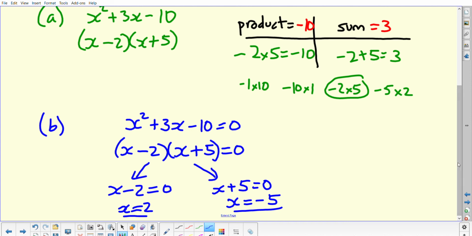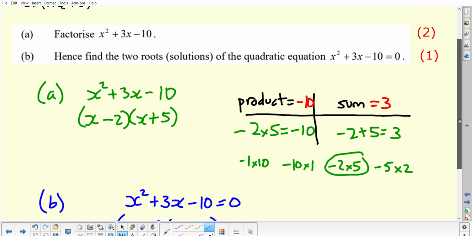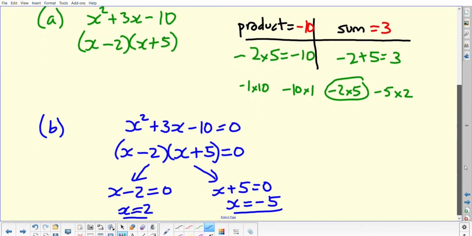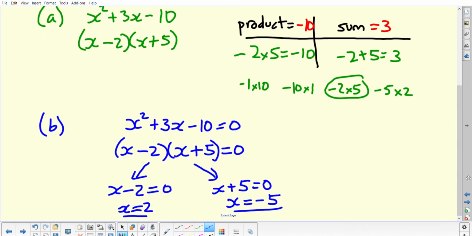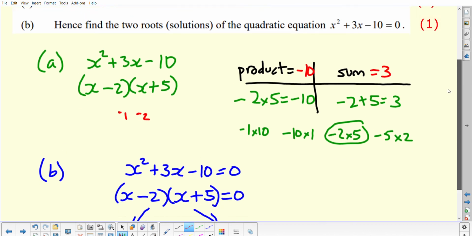So when it's asking you to solve by hence, it means use your factorised form to help you solve that, and you need to get both of those roots to earn the 1 mark that you've got here. Up in this bit here, the factorising process, you actually get 2 marks for that, and you need to have the signs correct, and you need to have both brackets correct in order to earn the 2 marks.